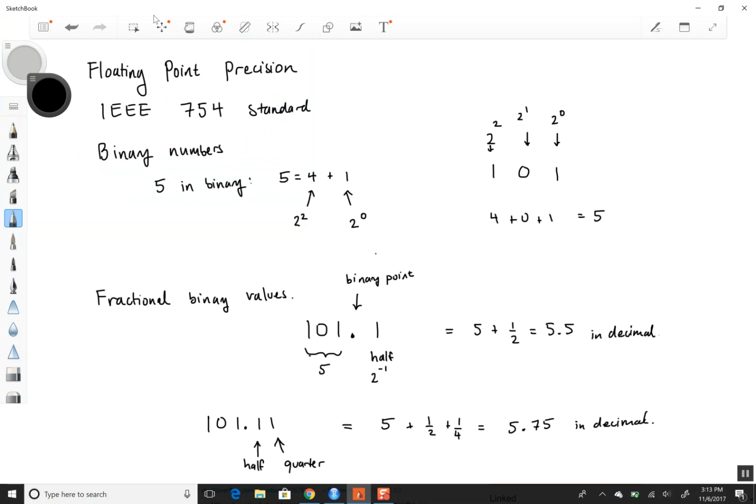Okay. All right. But this is not actually how the computer stores values. Yes, we have to understand binary first, but the computer doesn't just turn things into binary and then store this binary number. Because if we think about the real number line, how many numbers exist between 0 and 1?